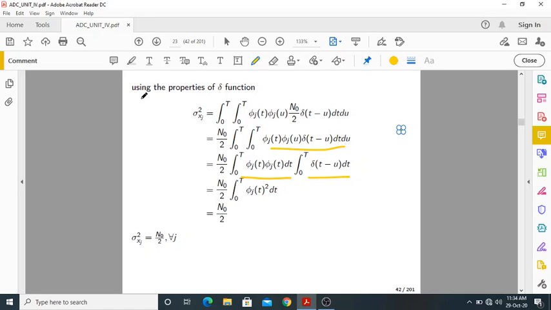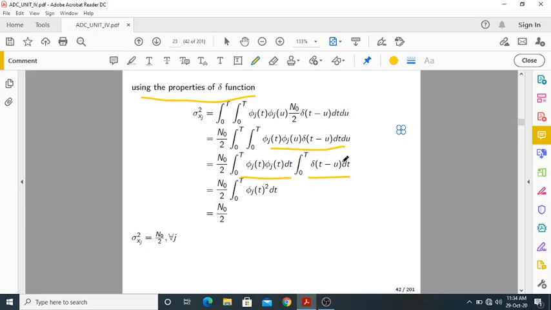Finally, this is from the properties of the delta function. It is defined, that is non-zero, if and only if t equals u. Otherwise it is 0. I hope you are okay with this simple explanation of the delta function.